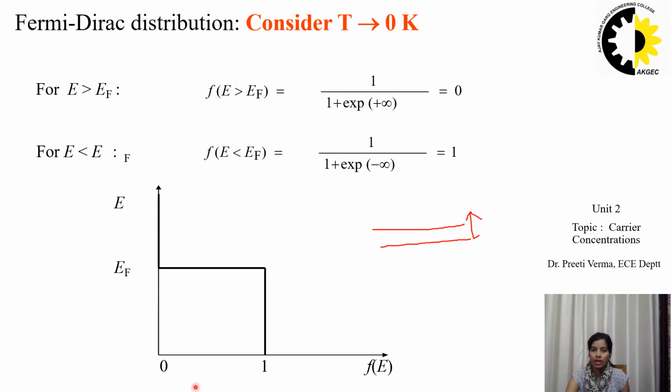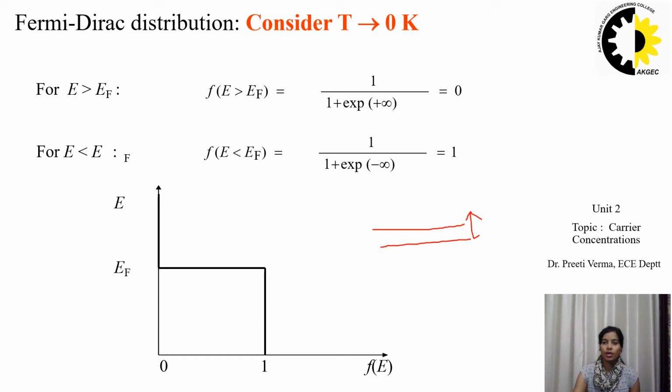So we can draw a curve with the dependence on temperature, as we have seen that the Fermi-Dirac distribution function is dependent upon the temperature, as F(E) is equal to 1 upon 1 plus e to the power (E minus EF) by kT.